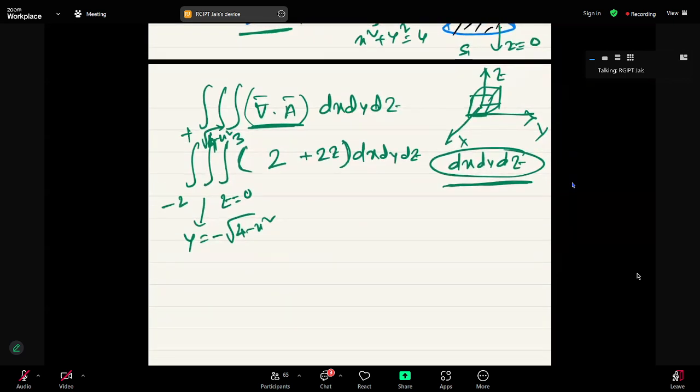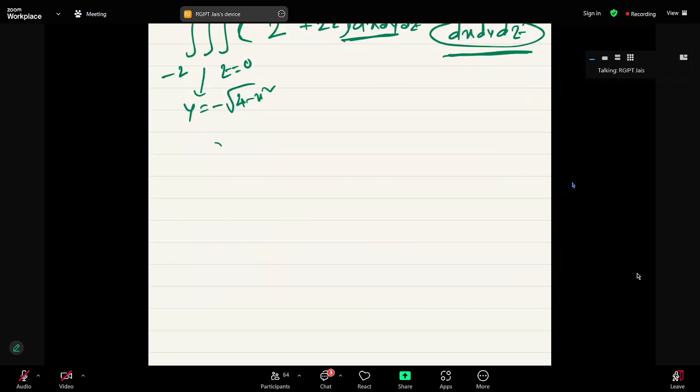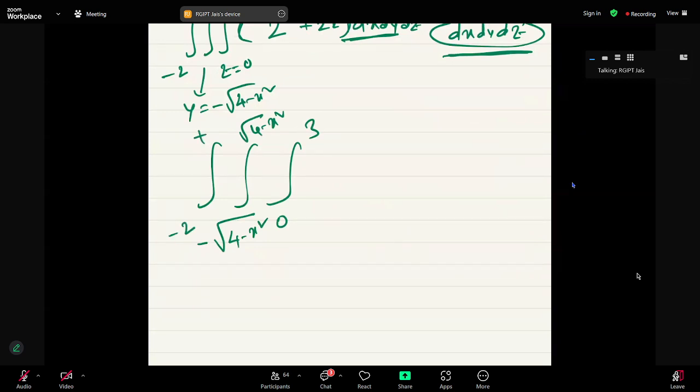So to do this volume integral, first you do the integration for z, and during that time you consider x and y constant. Let's write this a little more clearly. So this is the volume integral. You are going from 0 to 3, minus root over 4 minus x square to root over 4 minus x square, and minus 2 to plus 2.